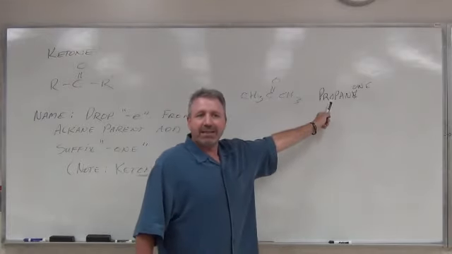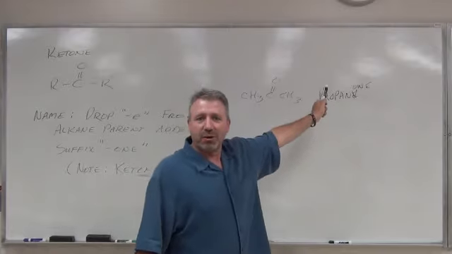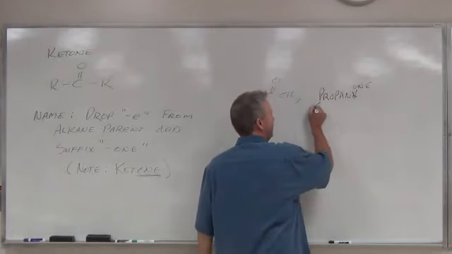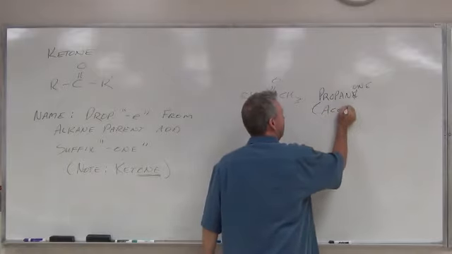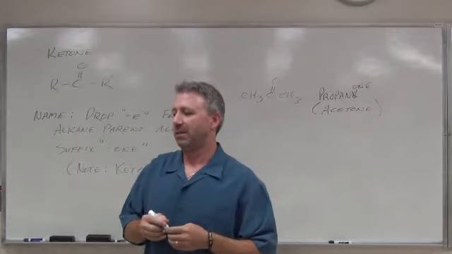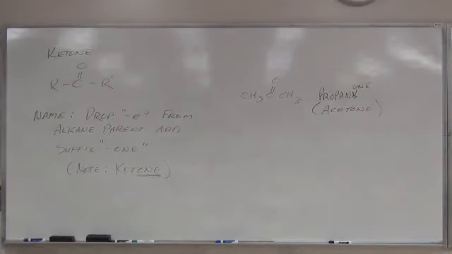I've never seen it called propanone. It's almost 100% named using its common name, acetone. Most of you know this as the major component in nail polish remover. Assuming you put nail polish on your hands.